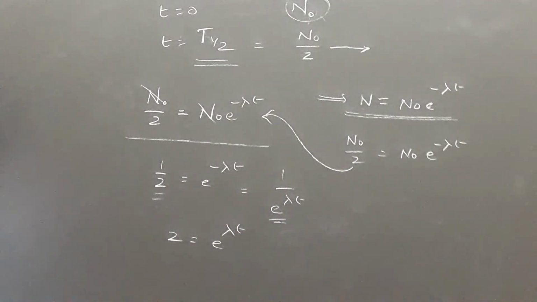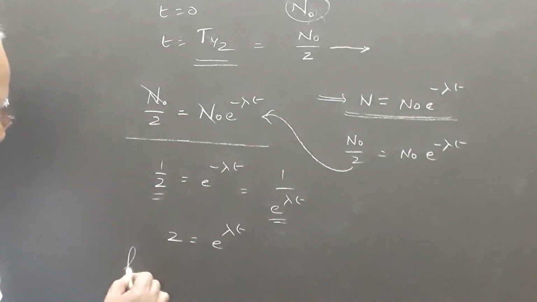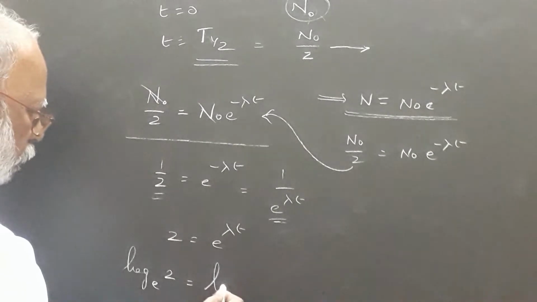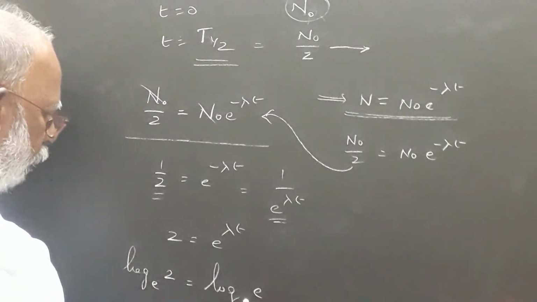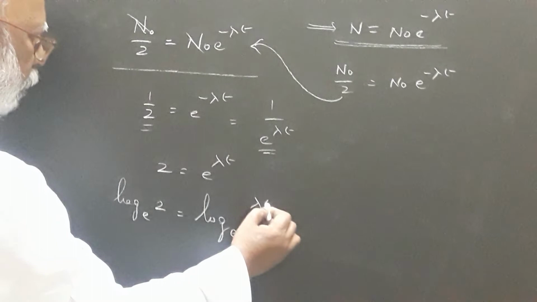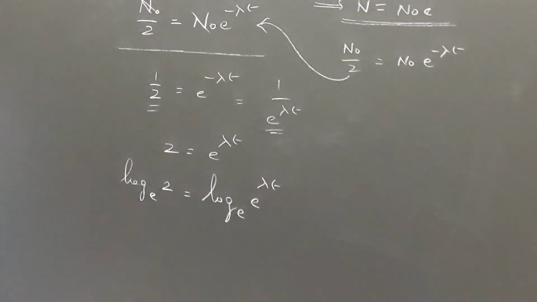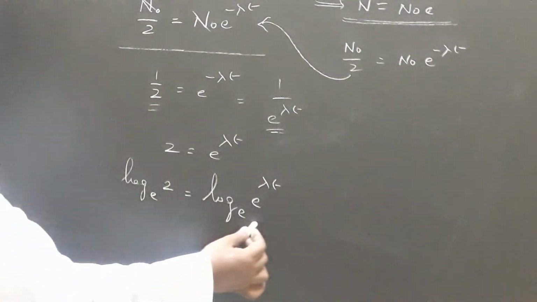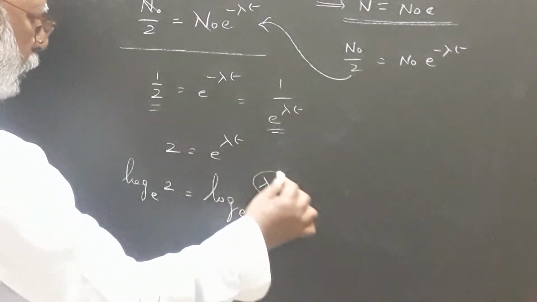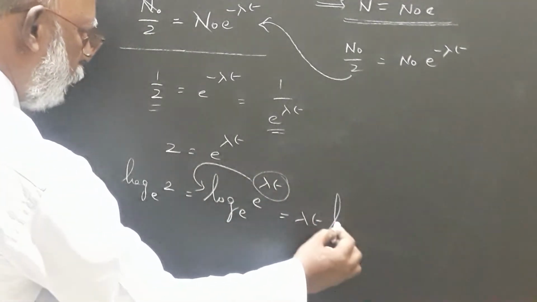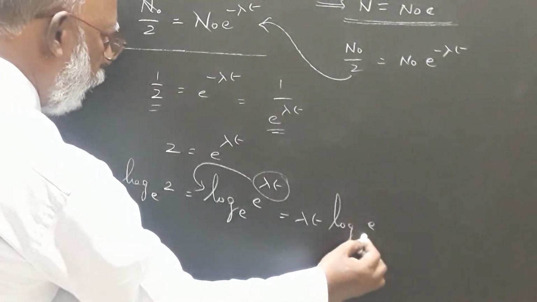Now we take the logarithm of both sides, the exponential logarithm: log of 2 base e equal to log of e power lambda t base e. Here lambda t is a constant, so take it outside: lambda t log e base e.